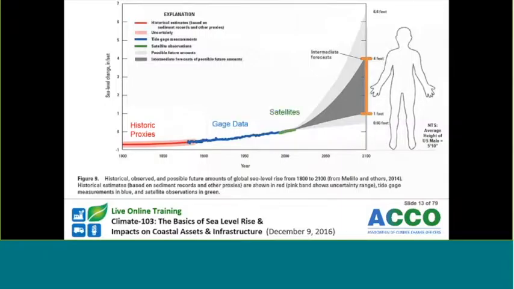So we know for a fact that we have historic proxies that show what the temperatures were like way back when, hundreds of years ago. In the mid-1875 timeframe, we started putting gauges out into the ocean, so that we could start tracking and monitoring what was happening in terms of levels in the oceans.